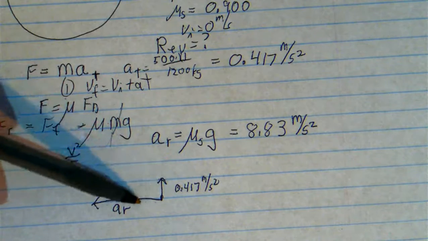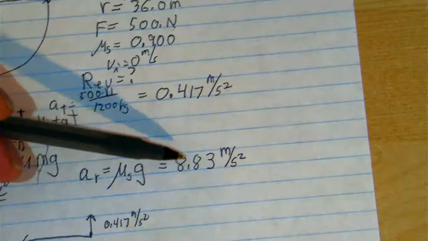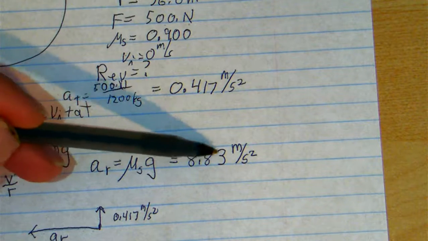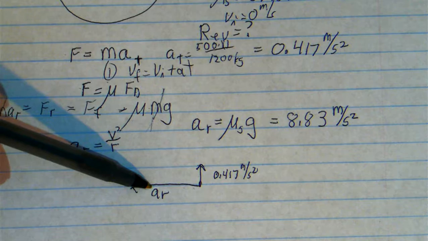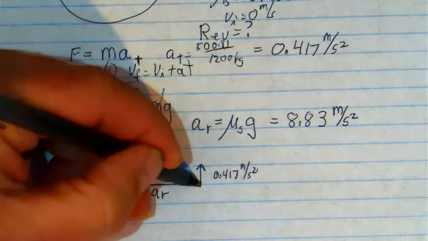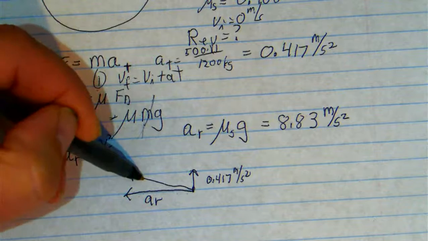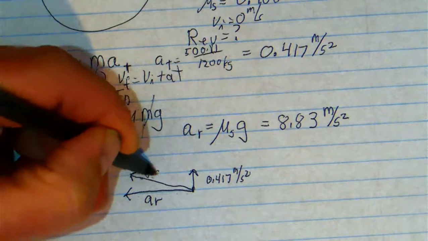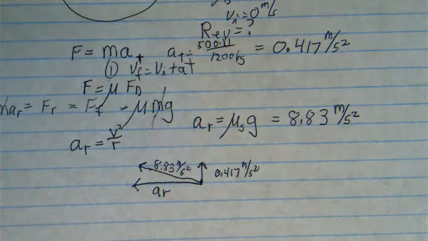The car will begin to slide when the total acceleration exceeds 8.83 meters per second squared, not just the radial acceleration. So I need to kind of correct for that. The total acceleration is 8.83 meters per second squared, or else the car will begin to slide.